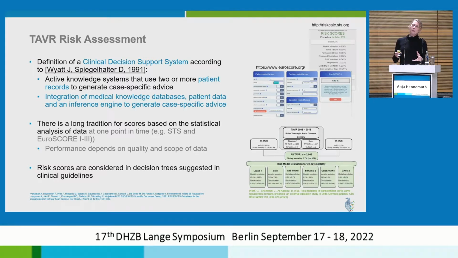When those risk scores are used for decision making, they typically appear in the decision trees suggested by the clinical guidelines. They are very frequently used, but there are several studies complaining about the lack of performance of these models in actual applications to the specific data at a certain site.